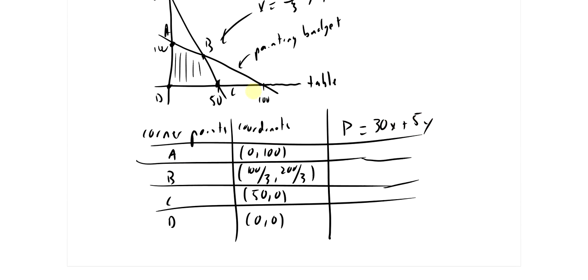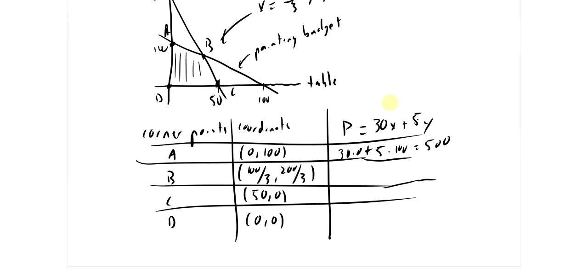So at A, he's selling 100 chairs and no tables, right, at this point. So he's making no profit off of tables, 30 times 0, plus $5 for each chair. So 5 times 100. He makes $500 at point A.